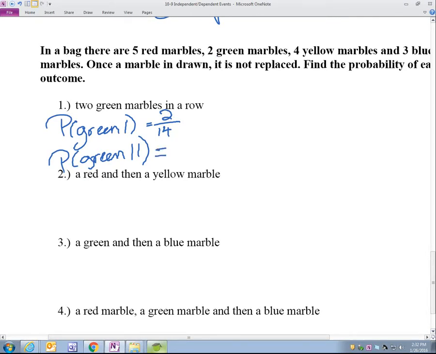Now with that one, you guys are already starting to see it. Right away, you recognize that there's only 1 green marble left in there, and there's only 13 marbles left. So we have 1 out of 13. So if I'm finding the probability of both green, I need to multiply those fractions together. 2/14, which simplifies to 1/7, right?